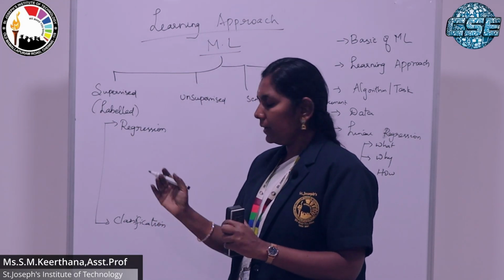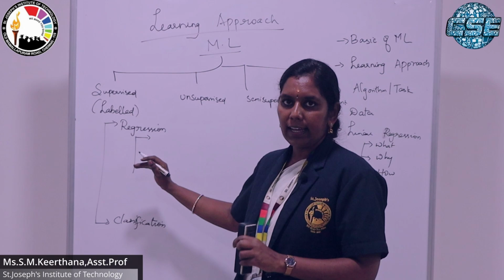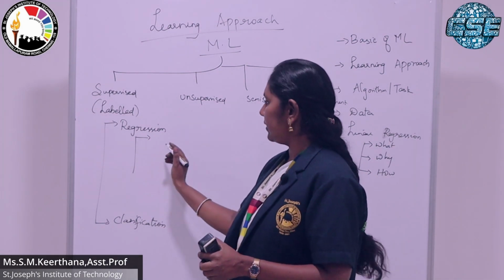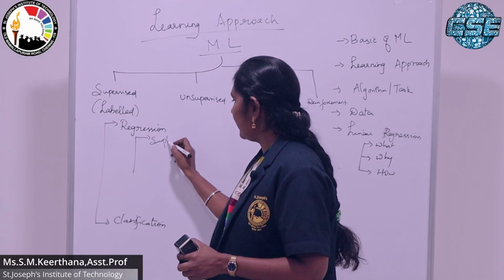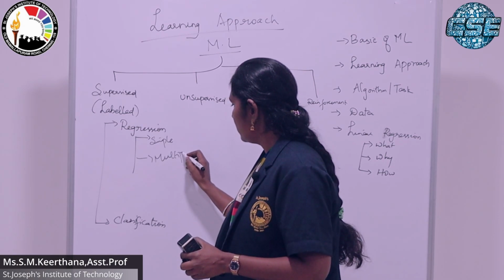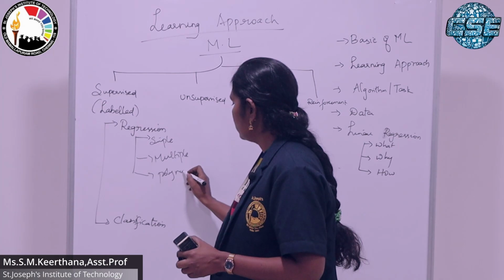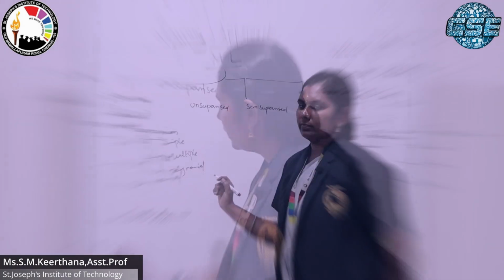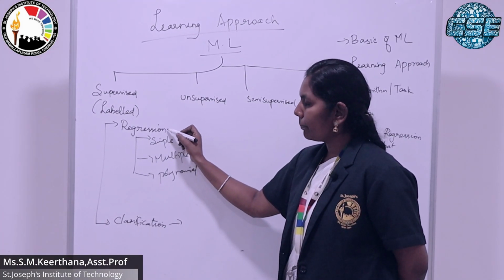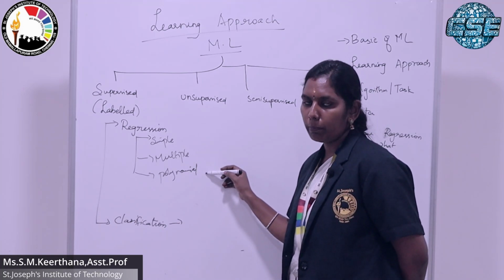Not to get deeper, but to be more generic, I will just tell the types of algorithms available in regression. We have simple regression, multiple regression, polynomial regression. So to complete the regression task, we have simple regression, multiple regression and polynomial regression.